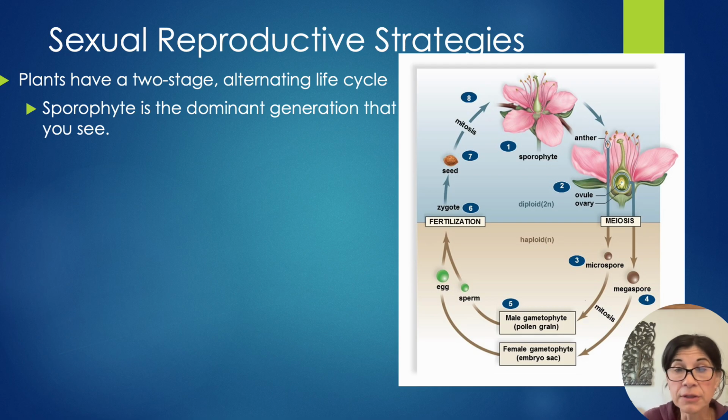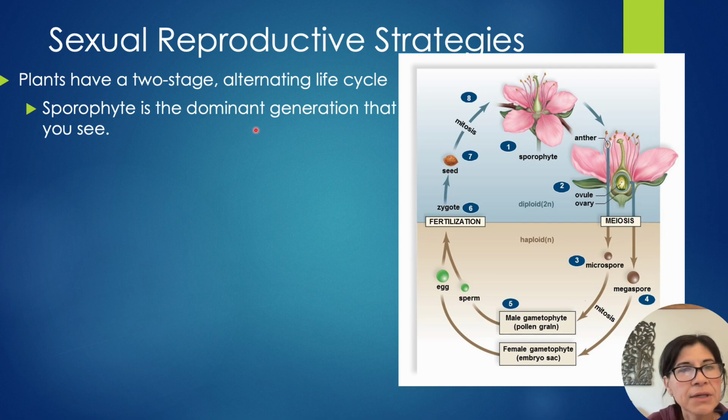So flowers have a dominant sporophyte or diploid generation. So what we see in flowering plants is the sporophyte. It's the diploid. So here in this picture, you see the sporophyte on top is the flower, everything we visually see. So plants have a two-stage alternating life cycle, right?